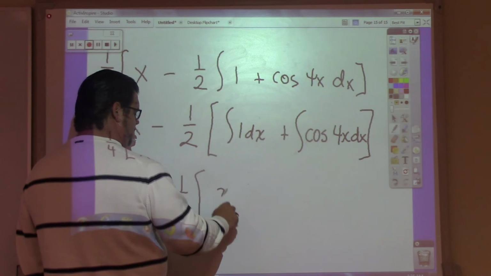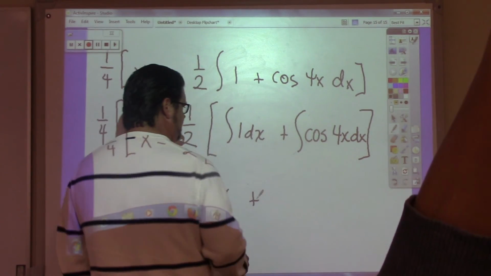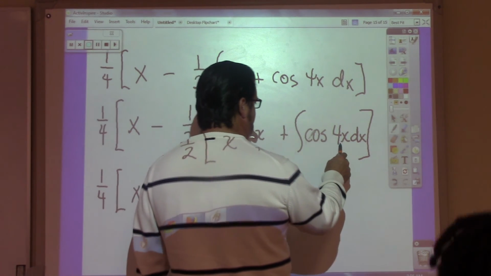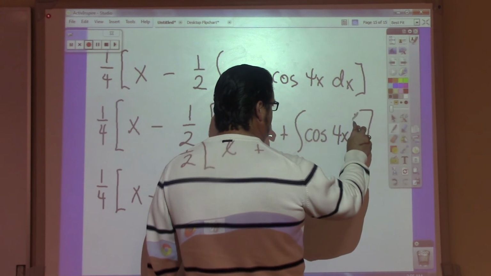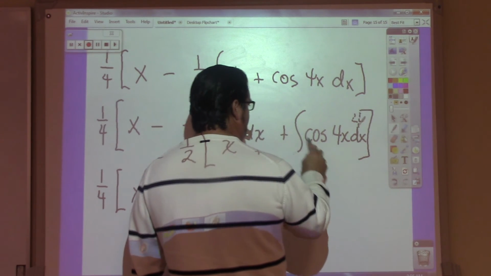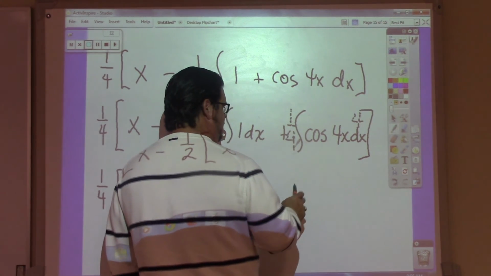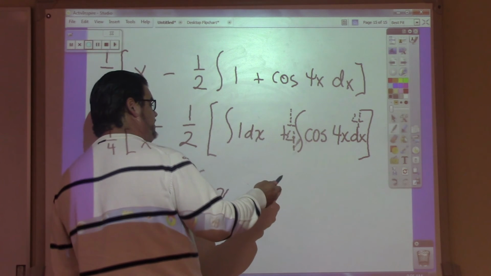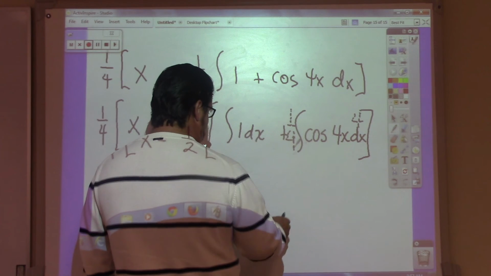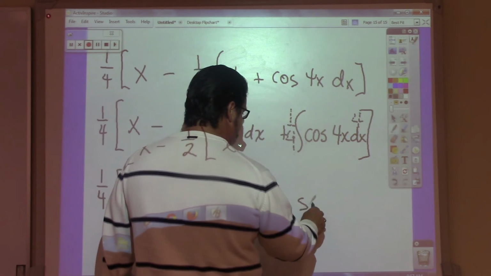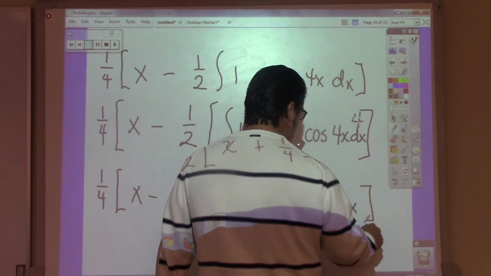Antiderivative of that's going to be x plus, and then cosine of 4x dx, we need a 4 here and a 1/4 here. And the antiderivative of the cosine is the sine, so that'd be 1/4 sine of 4x plus c.